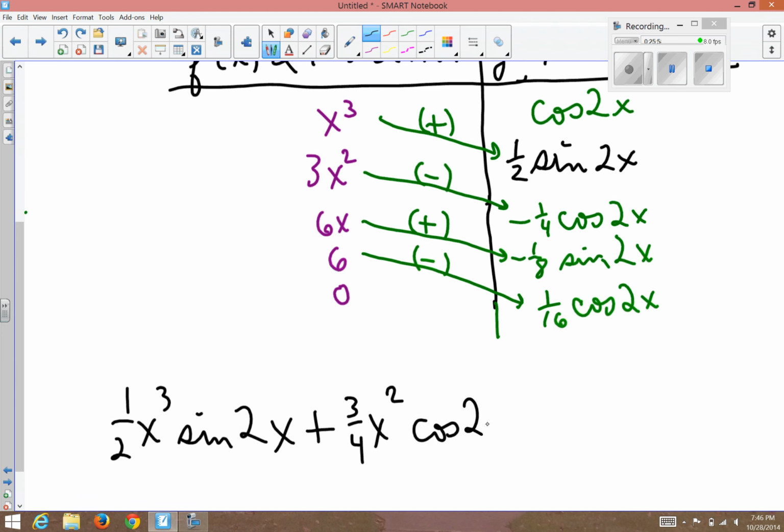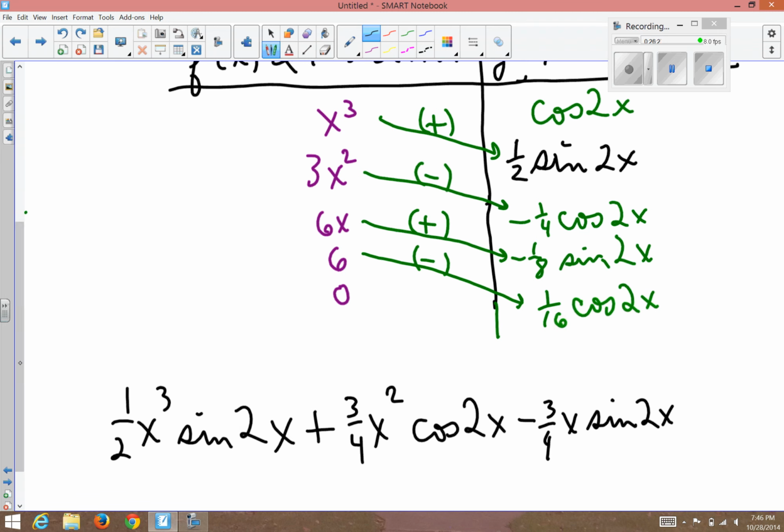cosine 2x. And then the next arrow has a positive, so it's positive that times that. That over there is negative, so it's going to be negative 6/8, so then like 3/4 x sine 2x. And then the last arrow has a negative attached or on top of it, so it's negative that times that.